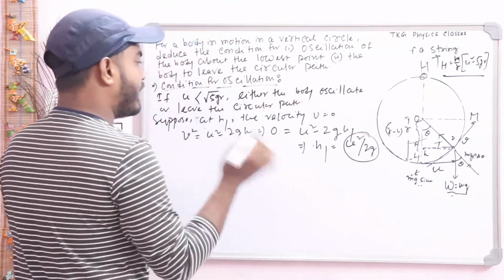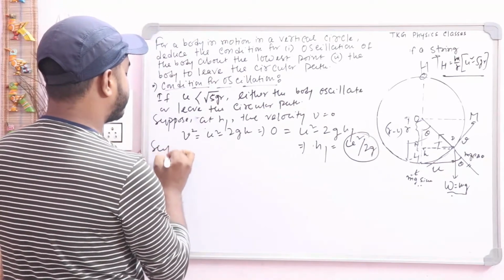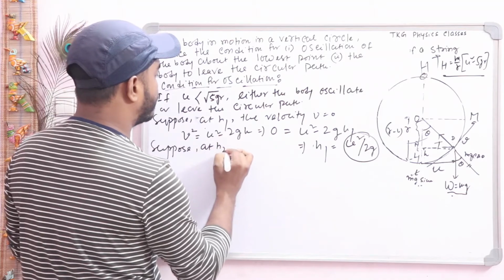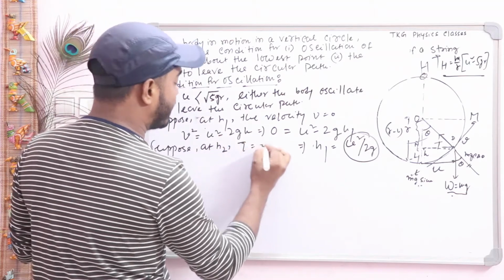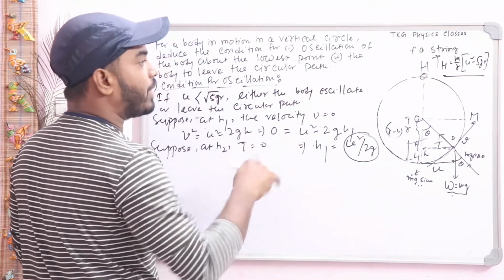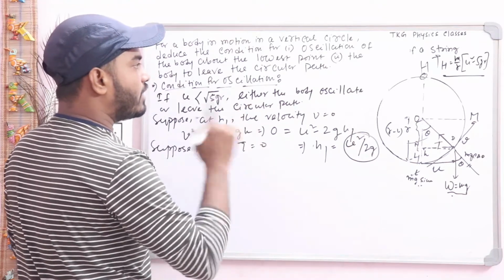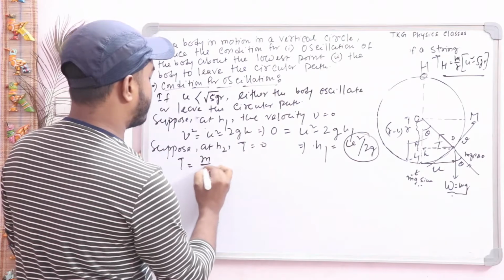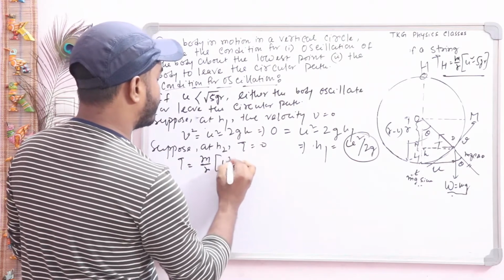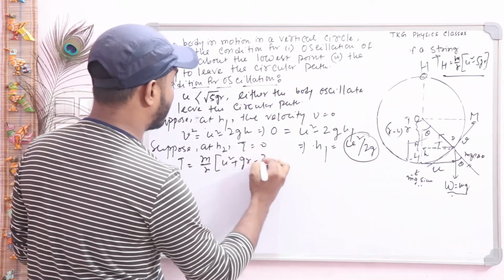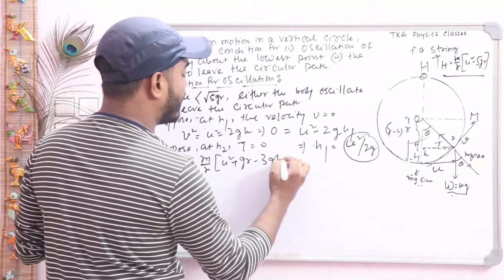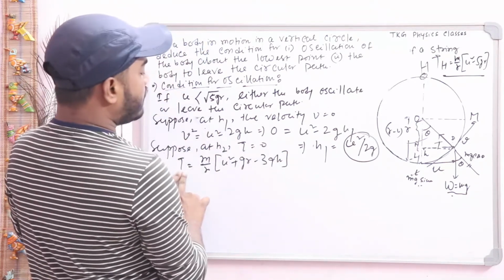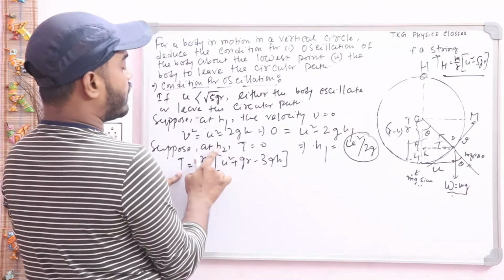Okay, now another condition. Suppose at h2 the tension T is equal to 0. Now apply this condition. At first you write the general formula of tension, and what is the general formula? You check, that is m by r, u square plus gr minus 3gh. This is the general formula. So here tension is 0 at height h2.